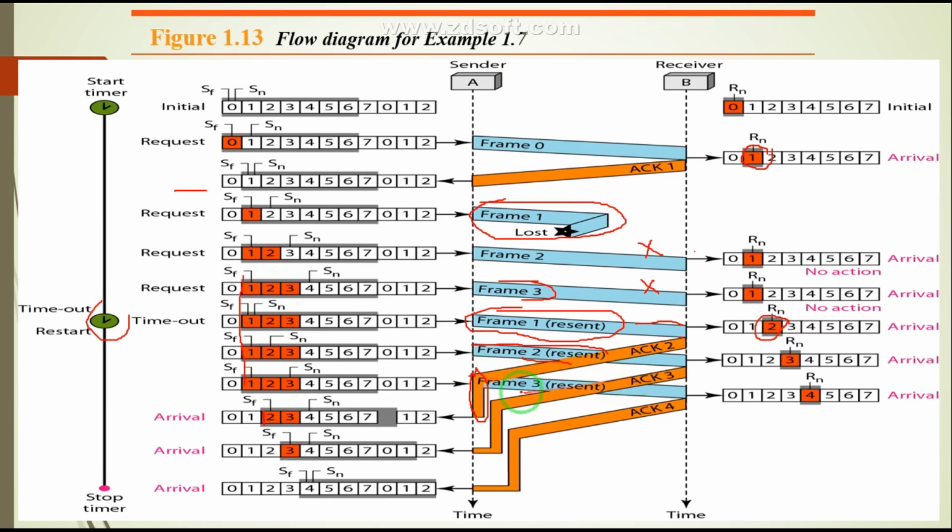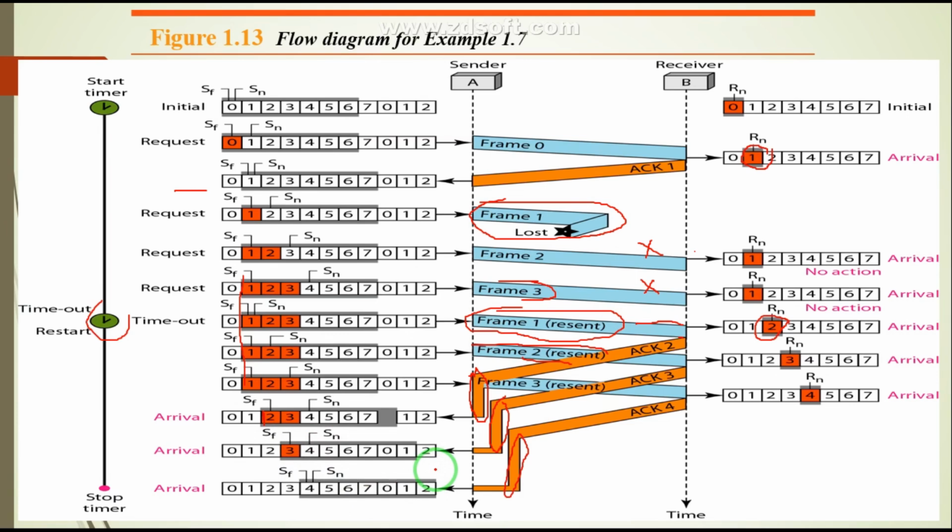Similarly, this delay happens for acknowledgement 3 and acknowledgement 4 also. So this is also a scenario that could happen, and depending on which acknowledgement is received, the sender window is going to shift according to its appropriate slots.